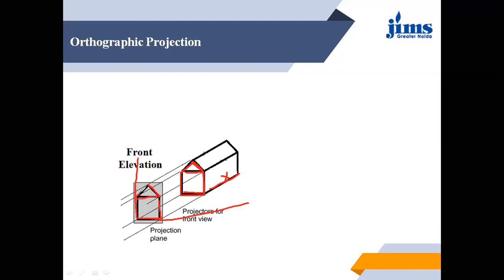Means all the lengths will also be the same. So this was about the front elevation of this object.